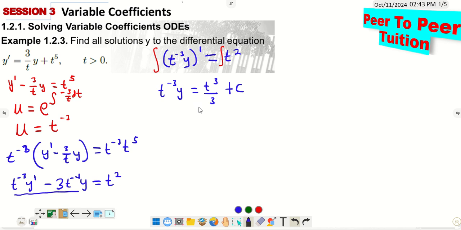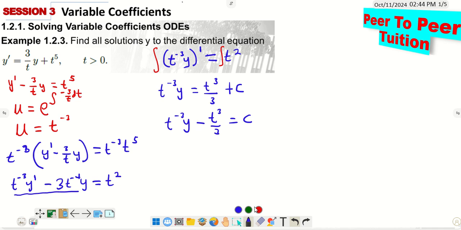Now I can write this as t negative 3 y, then this t cubed over 3 will come to the left hand side to be negative t cubed over 3, all equal to c.